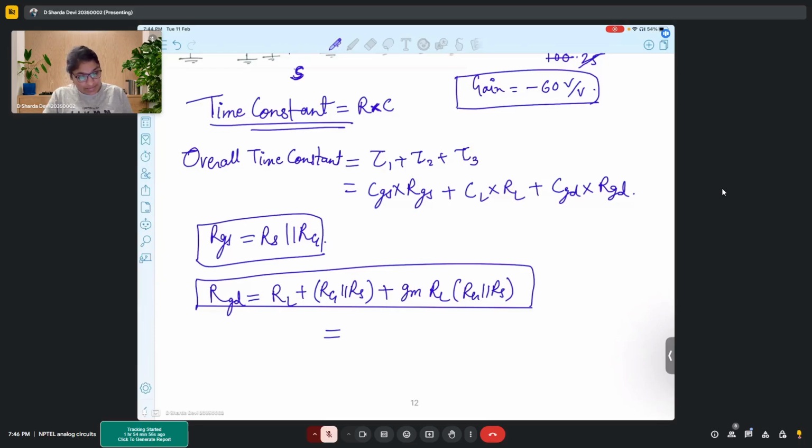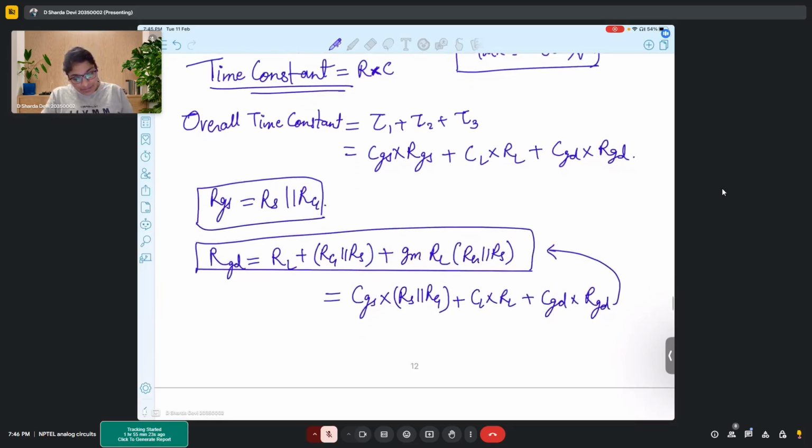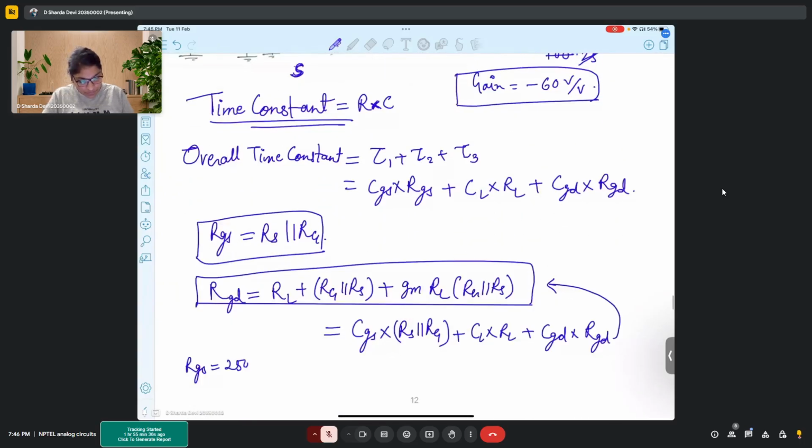So now the idea is we need to calculate this RS parallel RG plus CL into RL plus CGD into this RGD total. So first of all, can you quickly calculate RGS and let me know what is the value of RGS? RS is 250K parallel 750K.